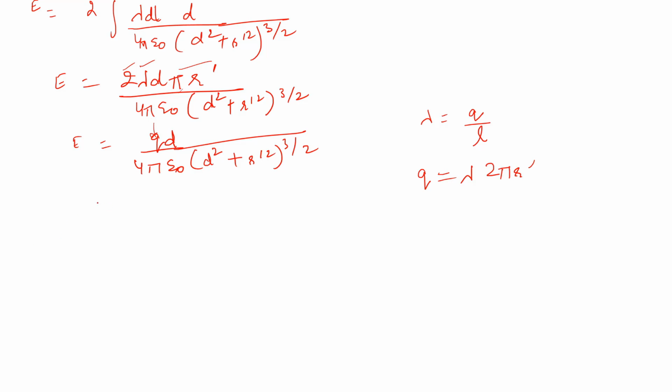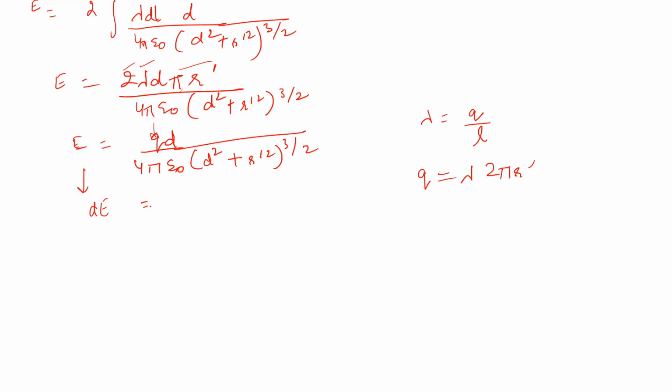So now we see here, this is due to the one ring. If we need to find the electric field due to a disk, we have to integrate this E. This E is E for the ring, but to find the electric field due to a disk, this E will become dE and we will integrate it.